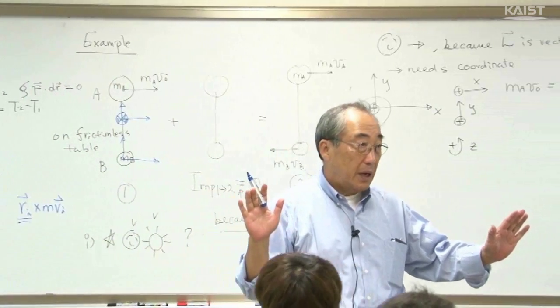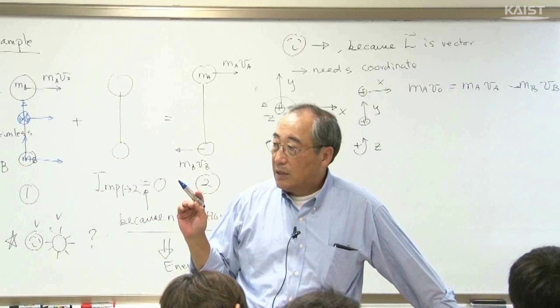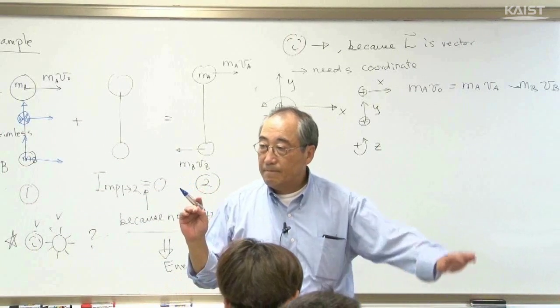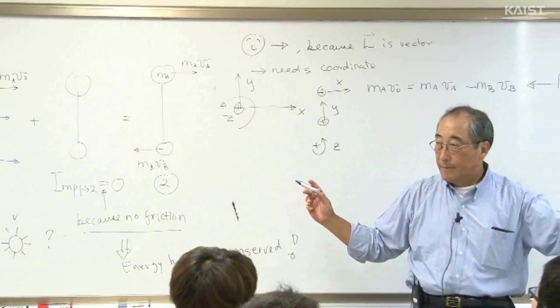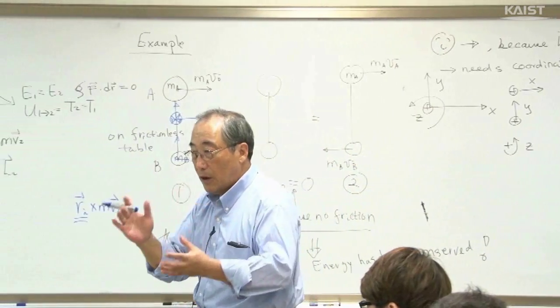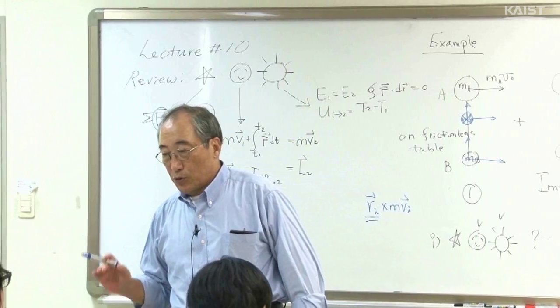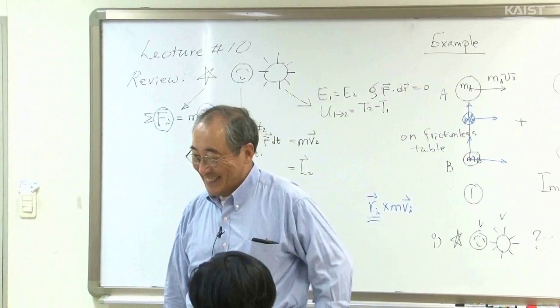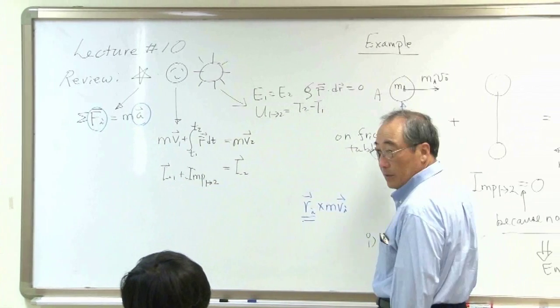But which one would you like to use in this case? Which one would you like to use? I will just follow your selection. I will not argue whether what you choose is correct or not. Okay, this one.